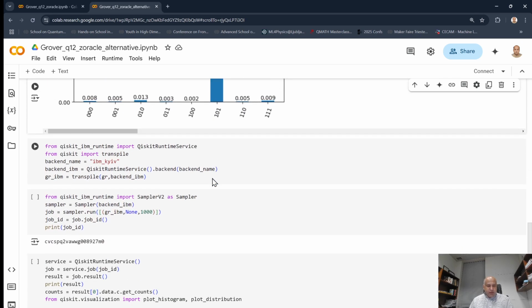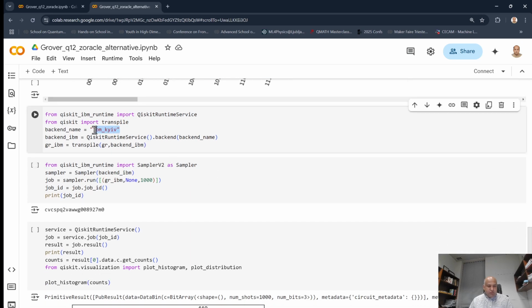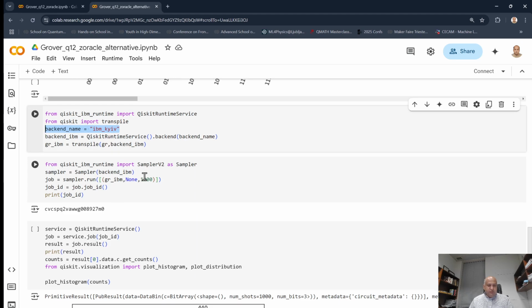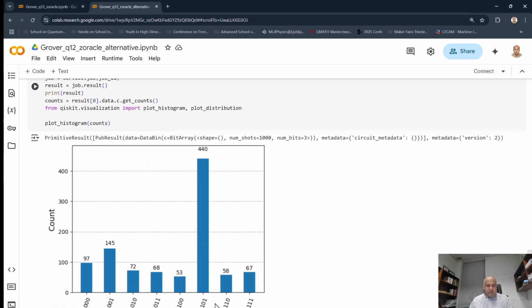And then I submitted this job to an IBM quantum computer, IBM Kyiv, and the results are still showing a pretty good result. Like this 101 state is coming with high probability, even though the noise in the quantum computer is giving other states with non-zero probability as well.